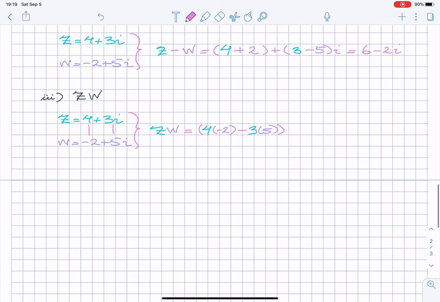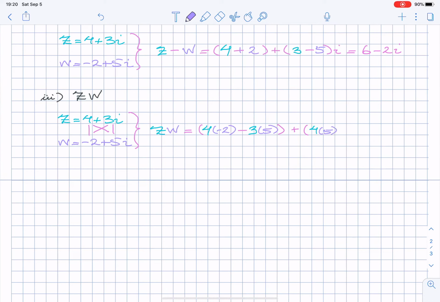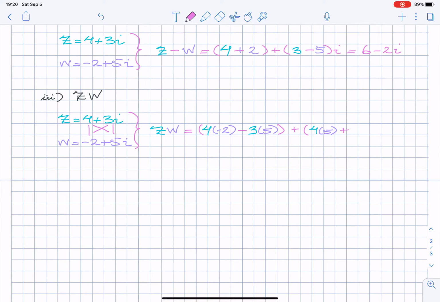Then we add the addition part, right? So now we're going to do the part that looks like addition. So it's just going to be 4 times 5. The cross addition, right? Plus 3 times negative 2.